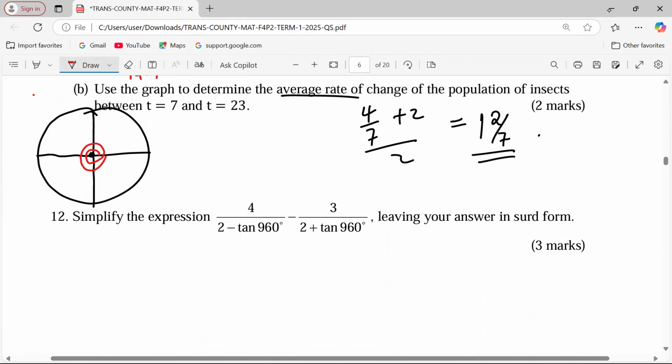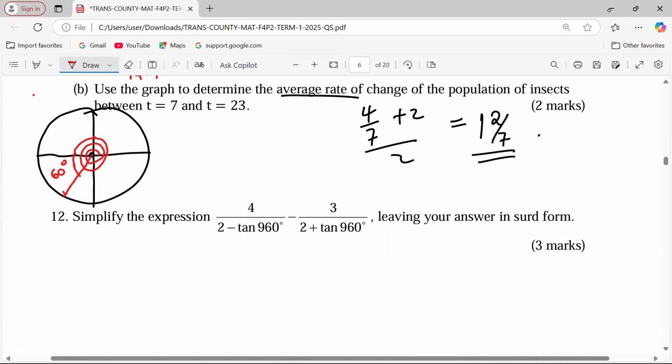That means we should continue moving until we cover 960. So 720, when we add 90, we get 810. What about when we add 90 once again? We'll get 900. That means we need 960, so we move for another 60 now.